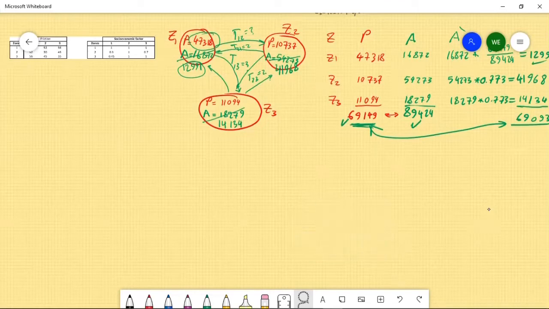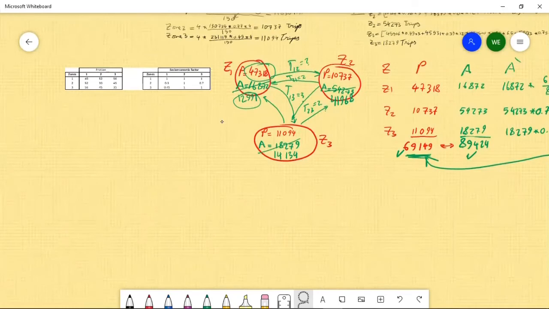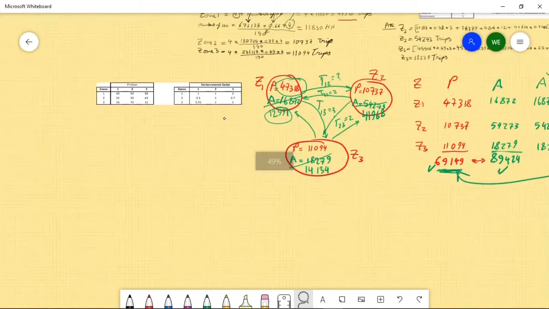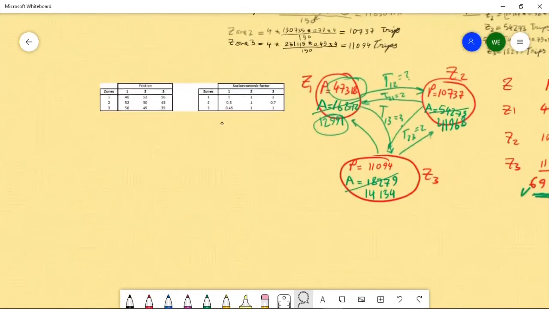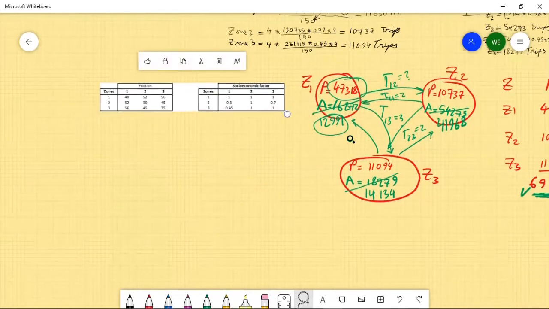In the previous example, it was just one origin to three destinations. Here, the situation will be slightly different. So first of all, we have to calculate the pulling from each destination to each zone. So first we need to multiply the socioeconomic factor to the friction.